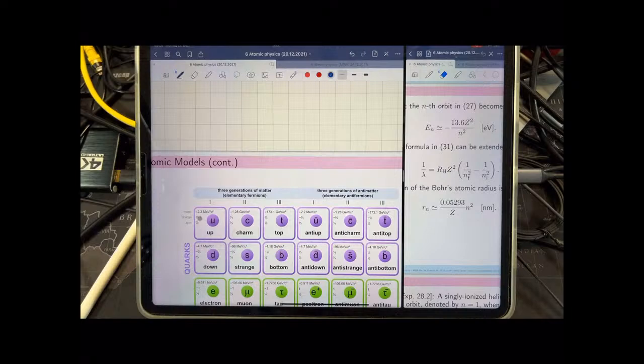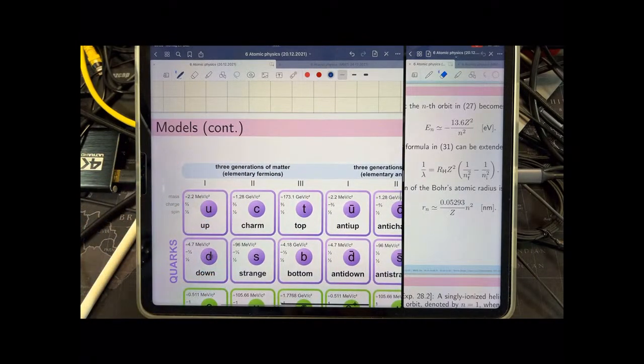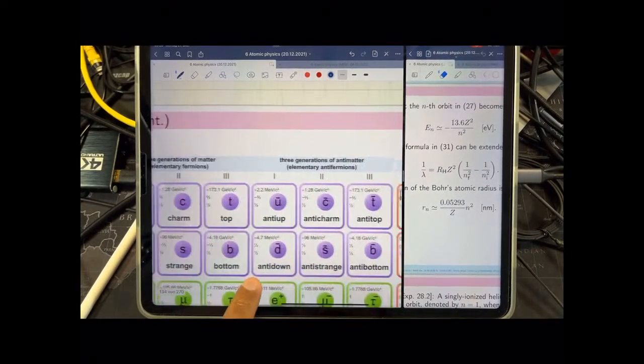And here you have the antiparticles, which have the opposite charge to that. It's minus 2 by 3, minus 2 by 3. And here you have negative 1 by 3. And of course, you could guess that the opposite of negative 1 by 3 is positive 1 by 3.